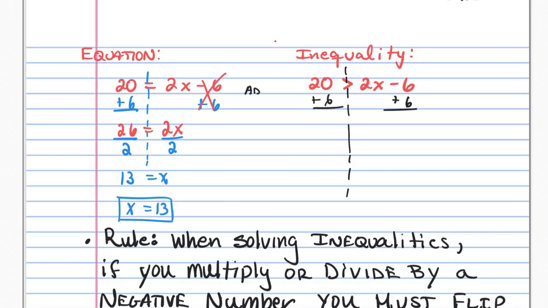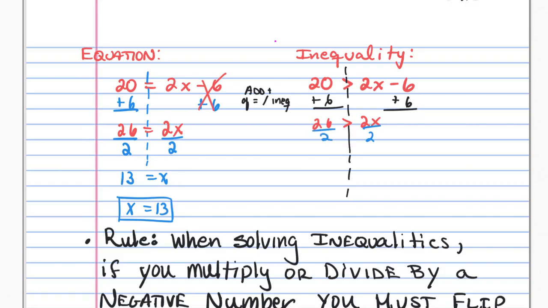That's the addition property of equality, and now we can say it for inequalities as well. Because if I add 6 to both sides, I can still keep my inequality going just exactly like it was. And then, just like I did over here, I want to undo this 2 times x, and I will divide by 2.